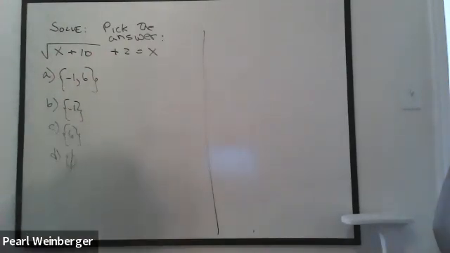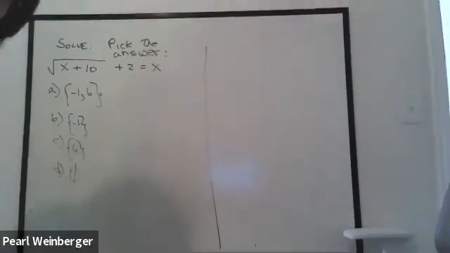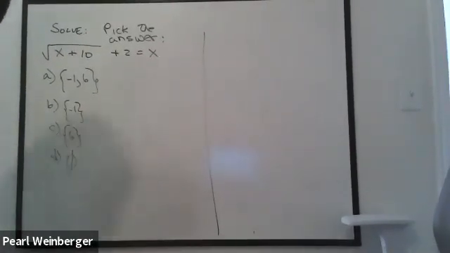It is possible to do everything correct, and yet when you work it out, your answer or answers do not work out. You might get what's called an extraneous root.